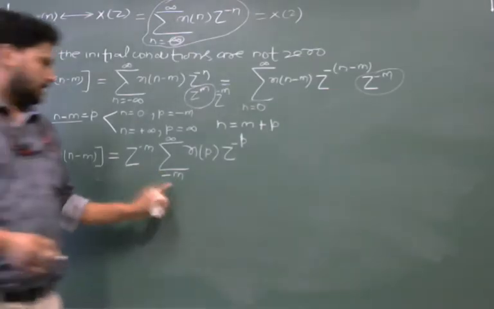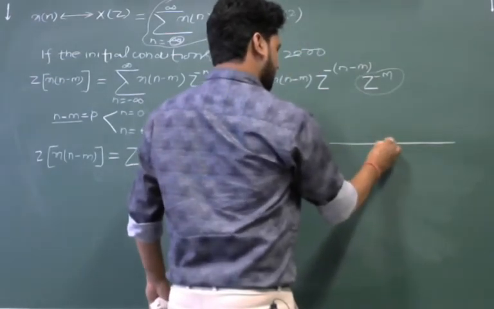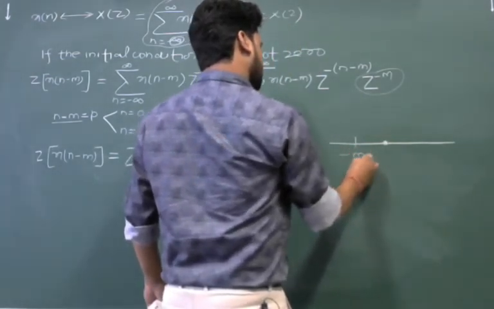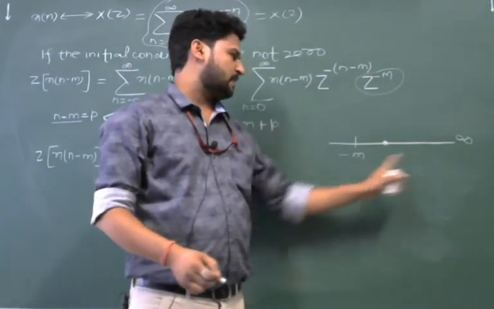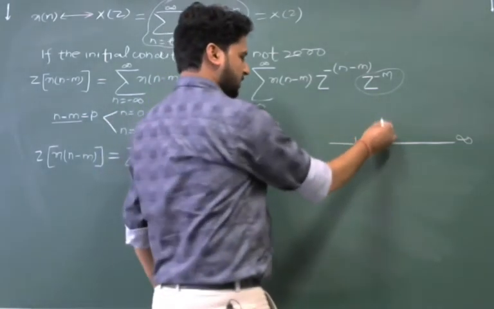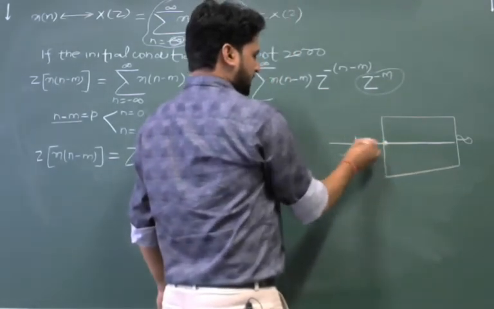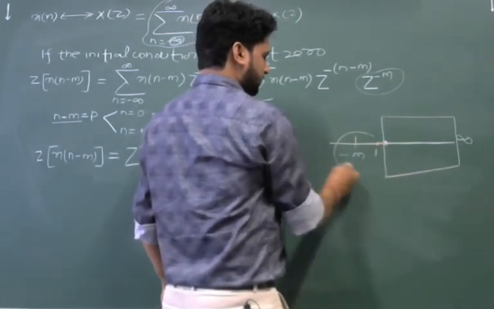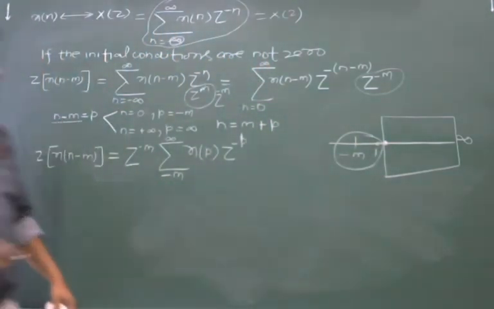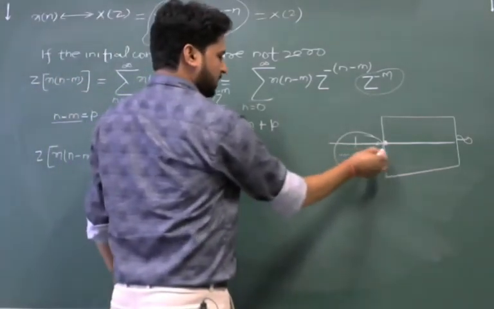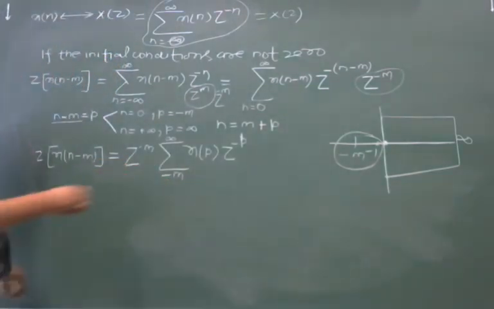Means till now it is from minus m to plus infinite, and we have to take limit from 0 to infinite only. Means this from minus m to minus 1 is an extra term here. So when I will remove this term from minus m to minus 1, this will become only from 0 to infinite. So I will break this in this way.